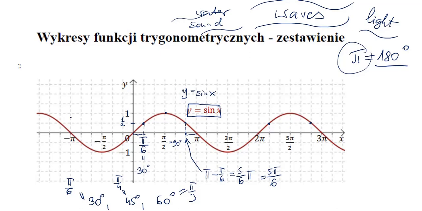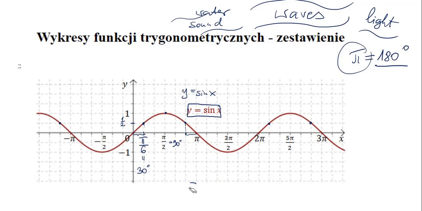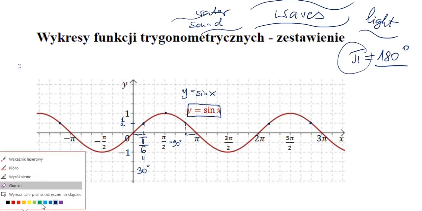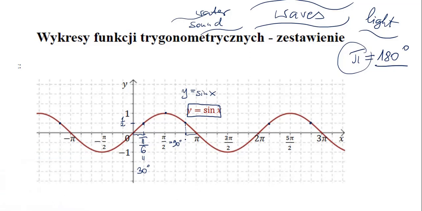Of course, on the left side, you also have another point. So what I want to say now, let me just clean the board a little bit, because we need some space here. Okay, and so this is 5/6 pi.